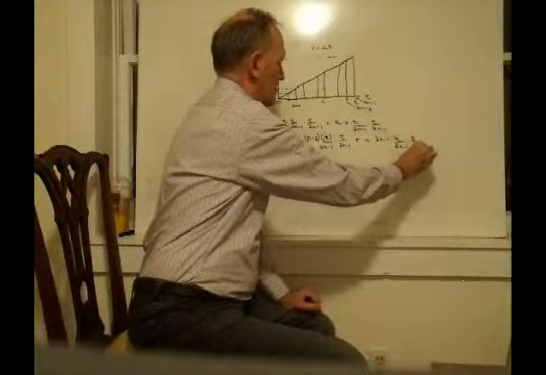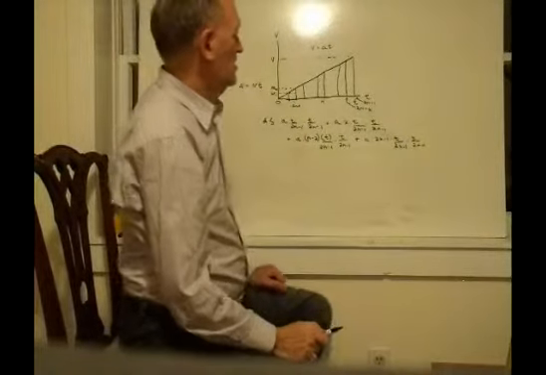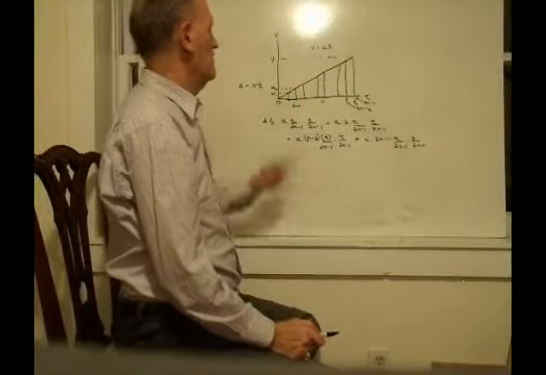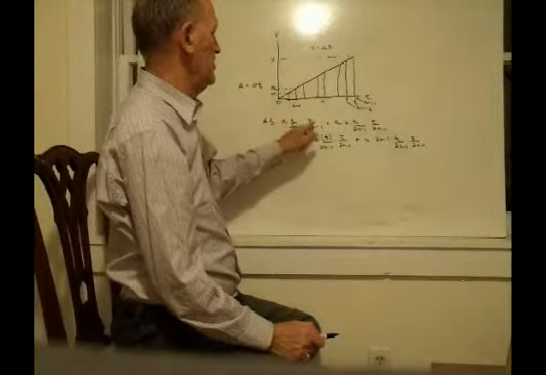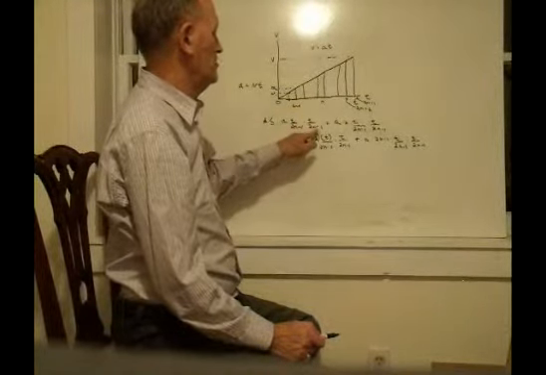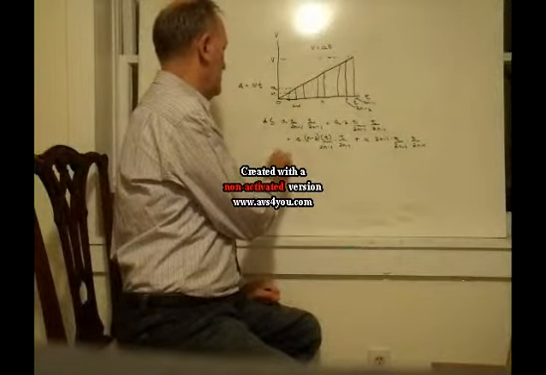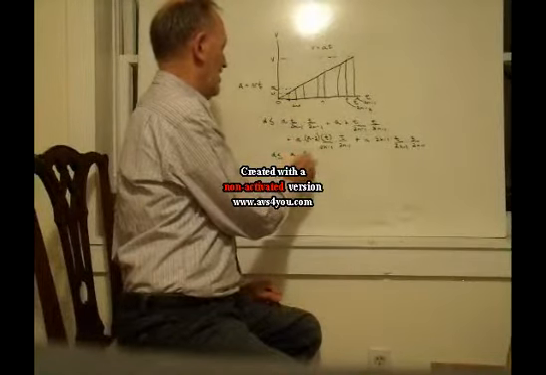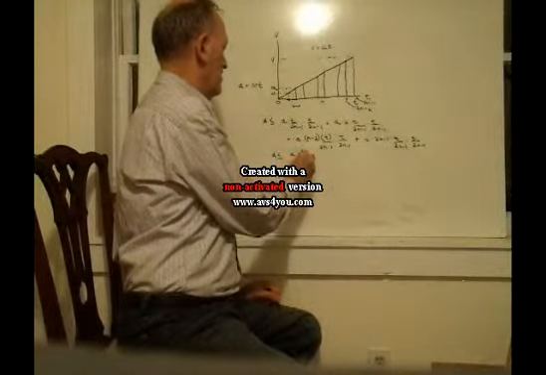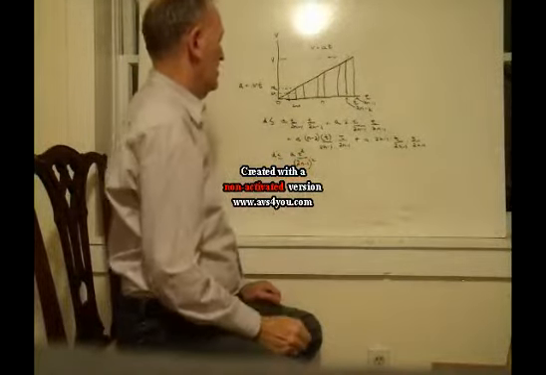2n minus 1. Okay, so now we can factor out each of these has the term a, t, t, 2n minus 1, 2n minus 1. So I want to factor that out. So again, d is less than or equal to a times t squared divided by 2n minus 1 squared.